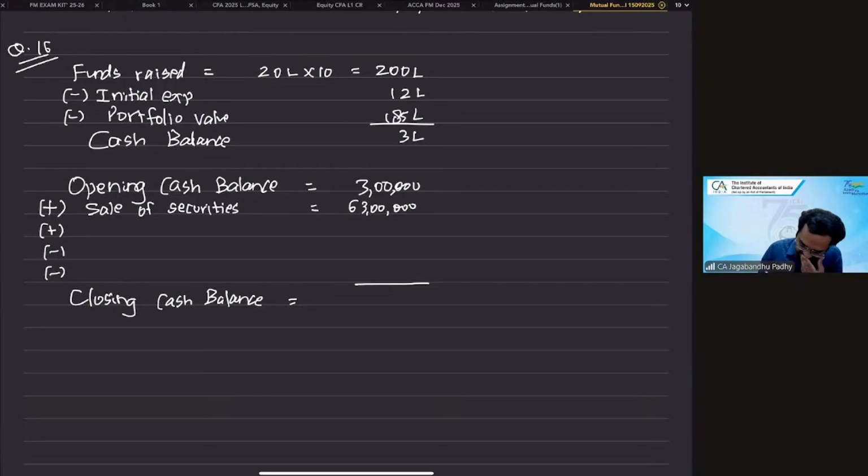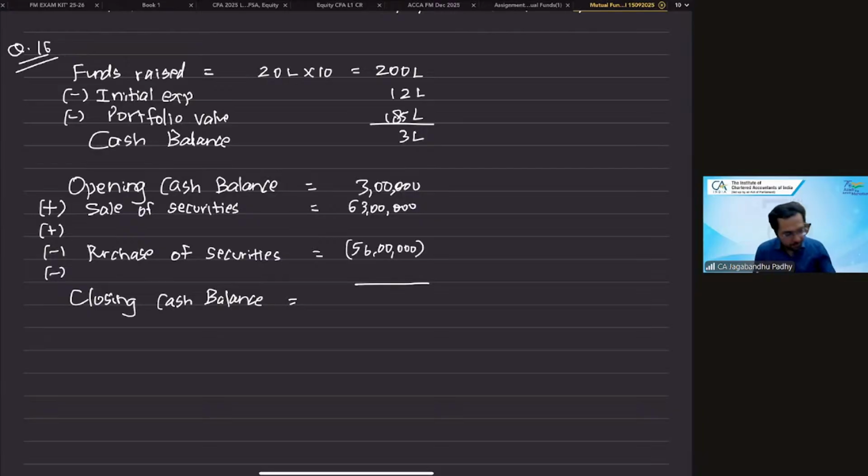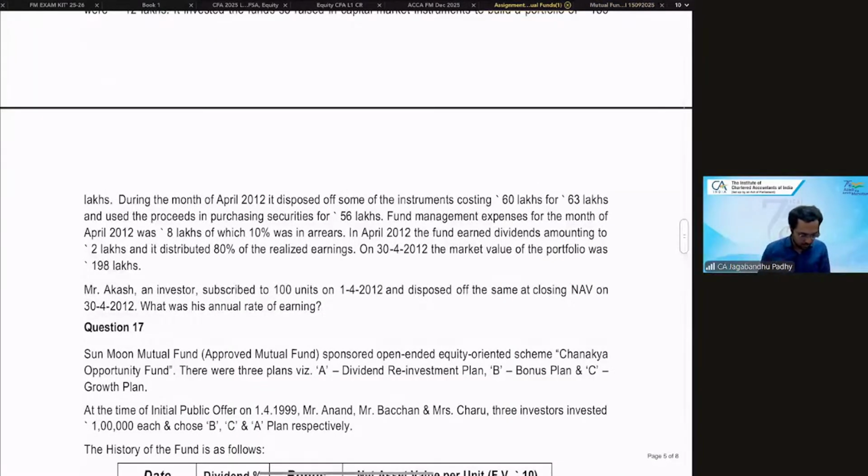Outflow of 56 lakh, purchase of securities, 56 lakhs. Any other cash inflow or outflow? Fund management expenses of 8 lakhs, of which 10% was in arrears.